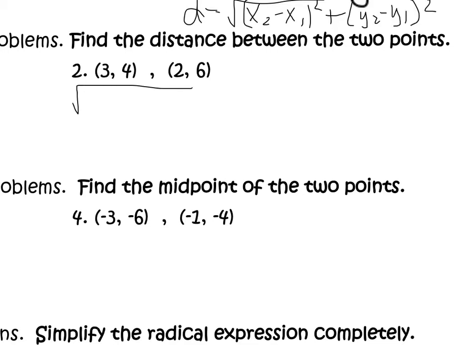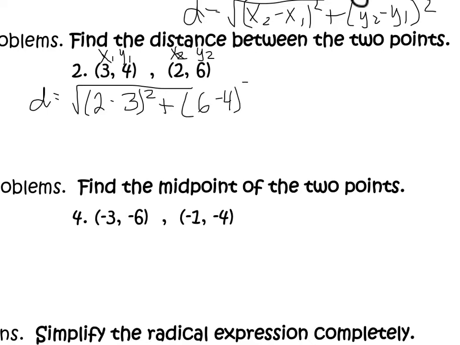So, square root, x1, y1, x2, y2. I just like to label them so I don't lose track. Might be good practice for you if you tend to see yourself losing track. My x's squared plus my y's squared.